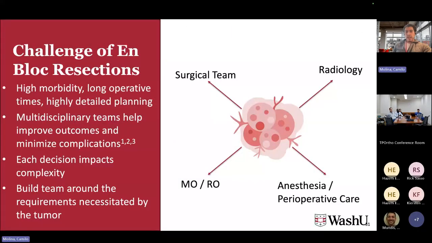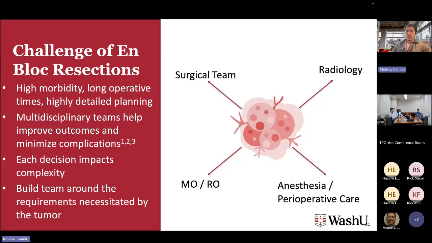And so I really internalize that, and I've put some thought and effort into trying to define this, because en-bloc resections really truly are challenging. Without question, they have high morbidity, long operative times. They require a tremendous amount of planning, not just from the surgical team, but the perioperative team, and long hospital stays.